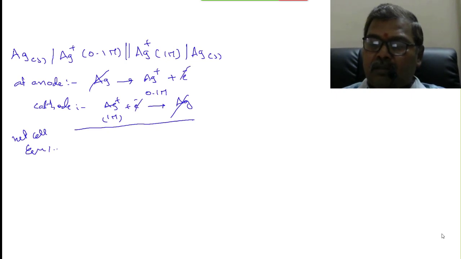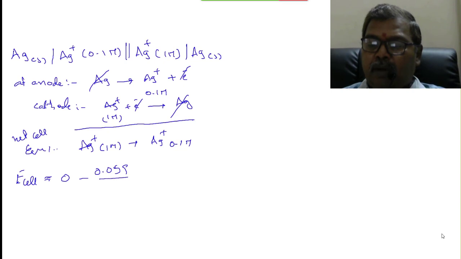Cancel the electrons. So Ag plus 1 molar gives rise to Ag plus 0.1 molar. Now apply the Nernst equation. E cell equals E naught cell, which is 0 for any concentration cell, minus 0.059 by the number of electrons involved, 1, and log of Ag plus concentration 0.1, or you can write 10 power minus 1, by 1.